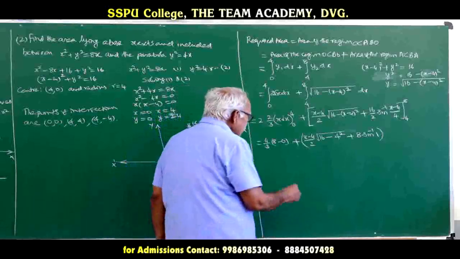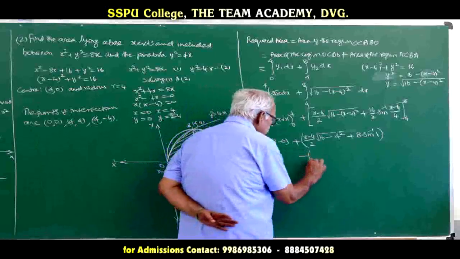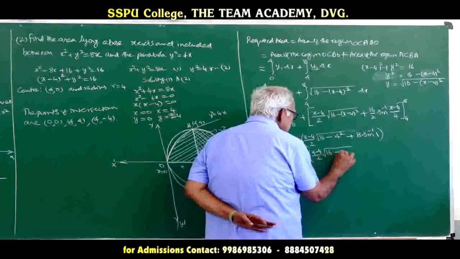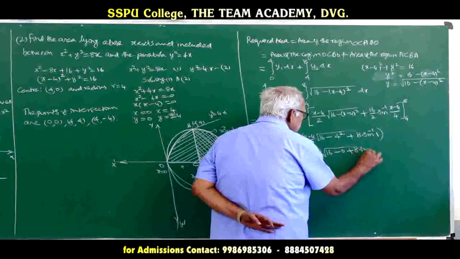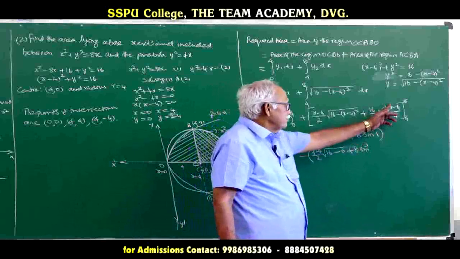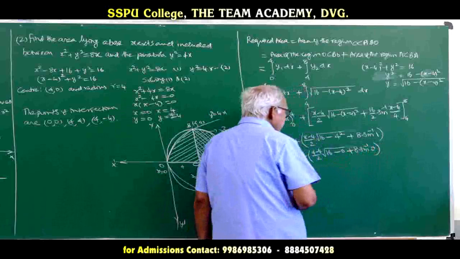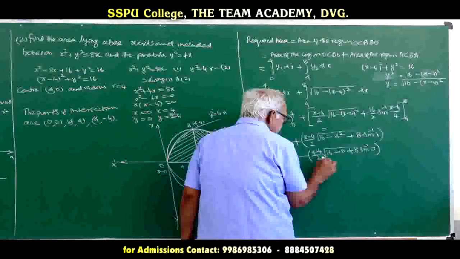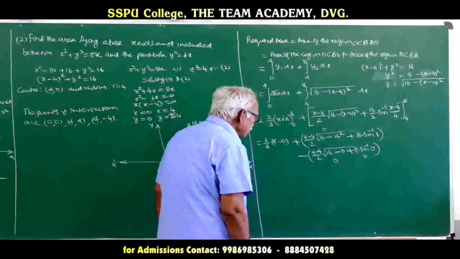The next, for the lower limit we have to put the minus sign: (4 minus 4) by 2 into square root of 16 minus 0 plus 8 into sin inverse of (4 minus 4) by 4. Here 4 minus 4 is 0. Which terms are becoming 0? 16 minus 16 is 0 and 4 minus 4 is 0, sin inverse of 0 is 0.